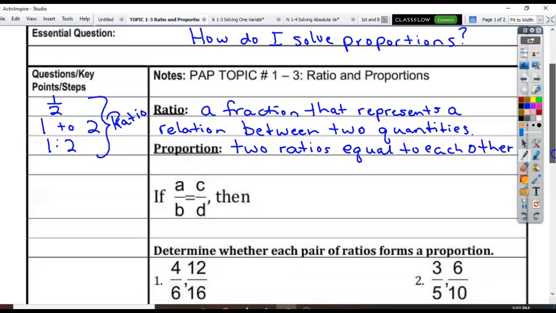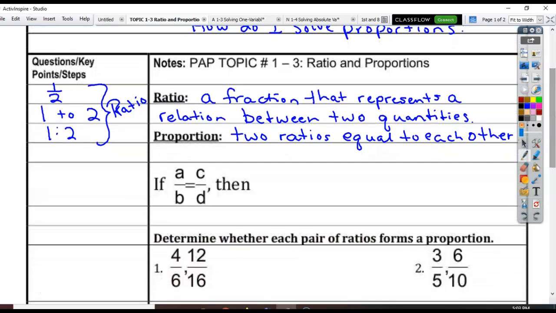If you have a proportion, if two ratios are equal to each other, so if A over B is equal to C over D, then you can cross multiply. A times D is going to be equal to B times C.